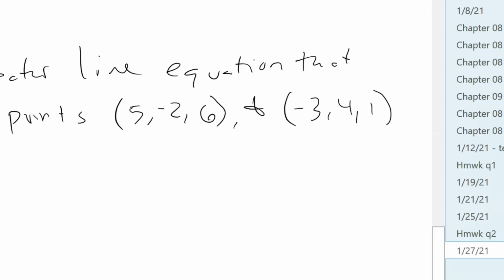All right. So we should pick one of these to be our initial point. It doesn't matter which point. I'm just going to do the first one.